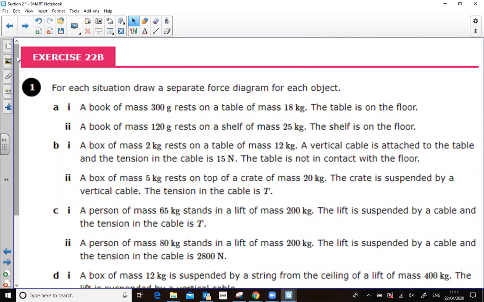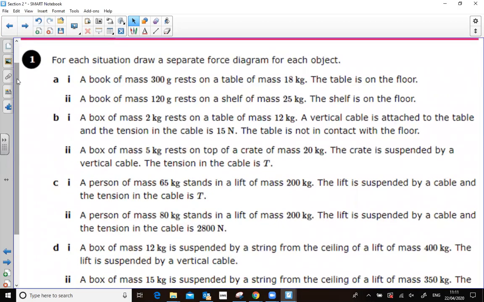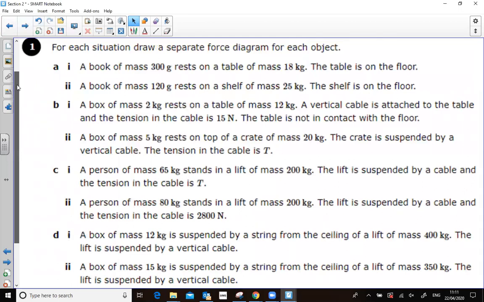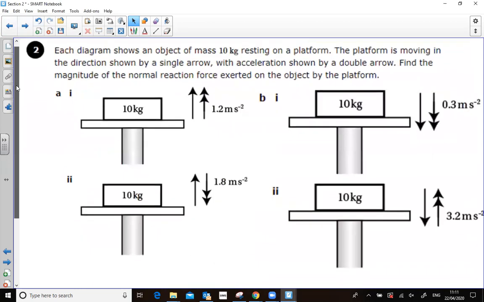Here is question 1 for exercise 22B. Question 2.